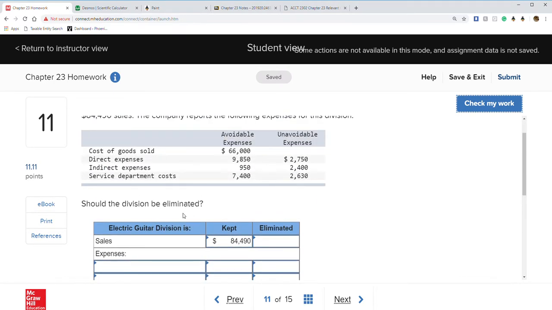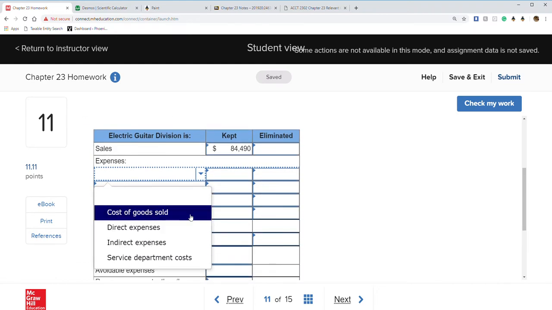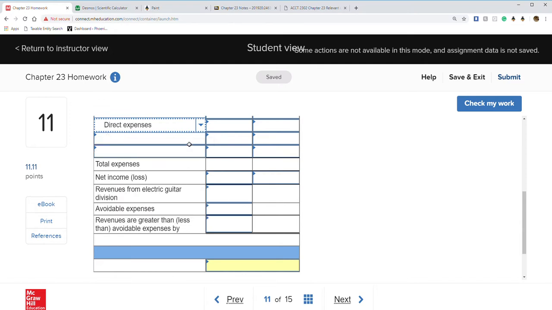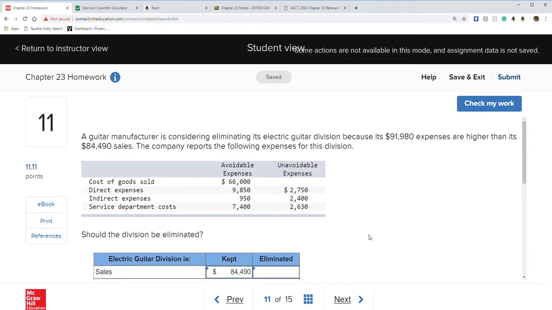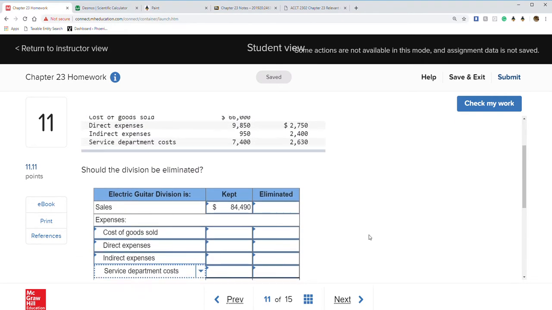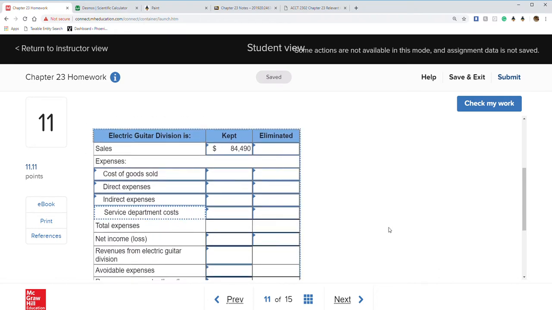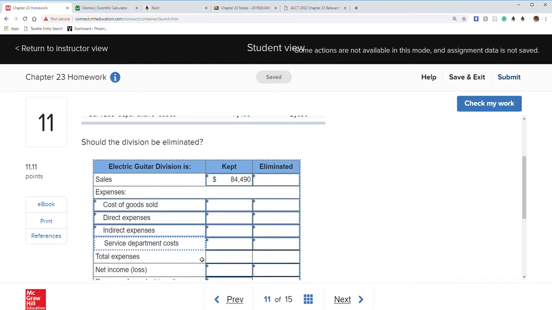So expenses, first off we got cost of goods, and really if they give us 4 drop downs, yeah they do. Indirect, service department cost. Now this right here, it already told us total expenses is going to be 91,980.